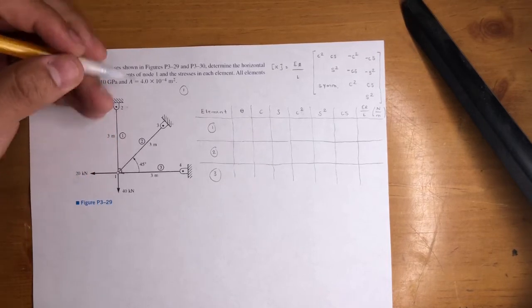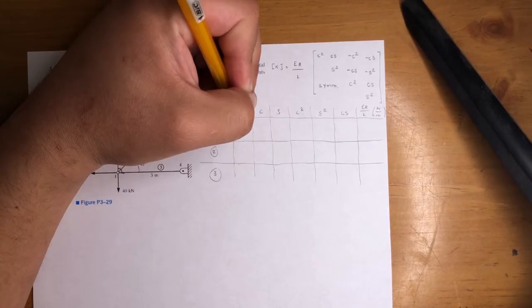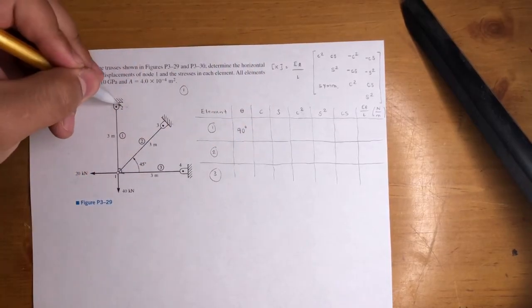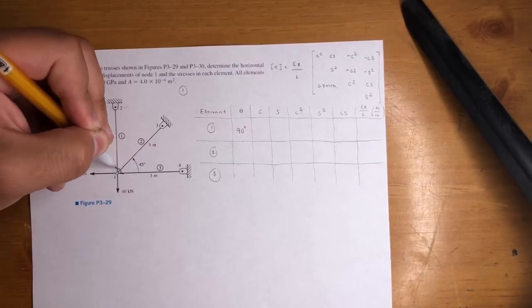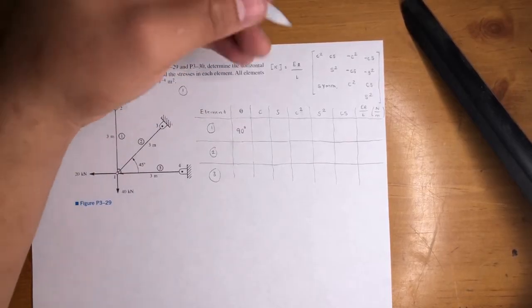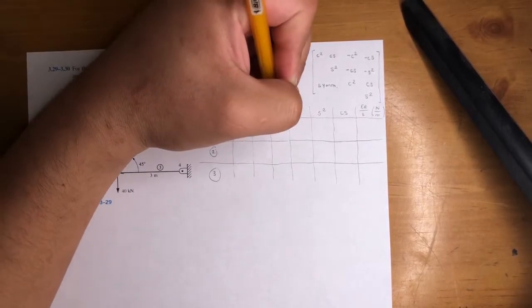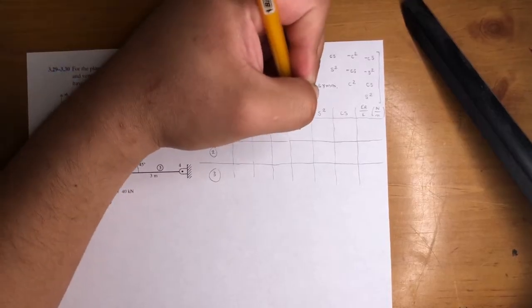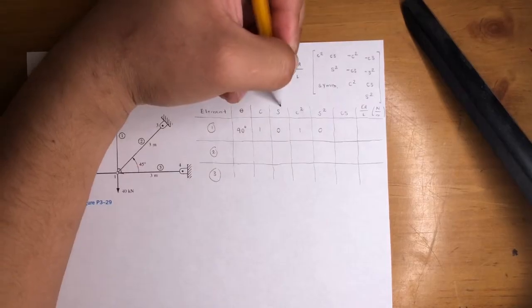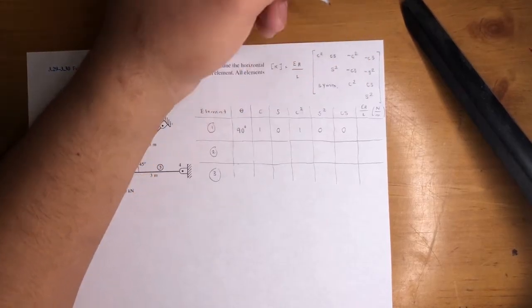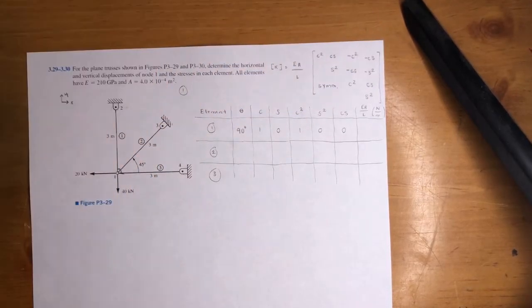It's going straight up. So my angle is going to be 90. Again, you could have a 270 if you start it here, but I'm going to use 90. So the cosine of 90 is 1, sine of 90 is 0, cosine squared is 1, sine squared is 0, cosine times sine is 0, and then we'll do EA over L at the end.